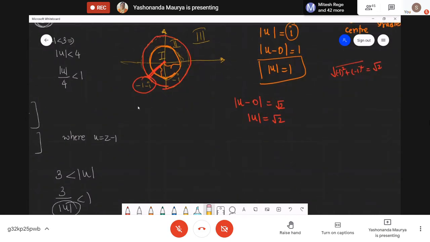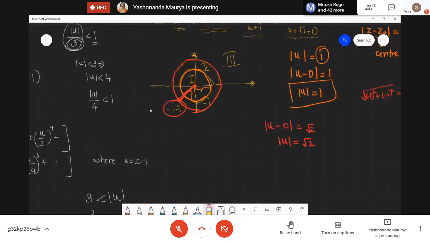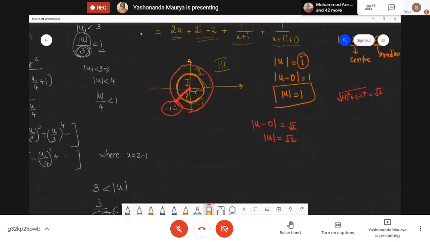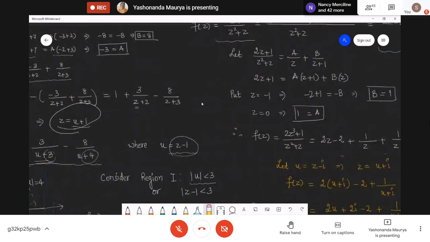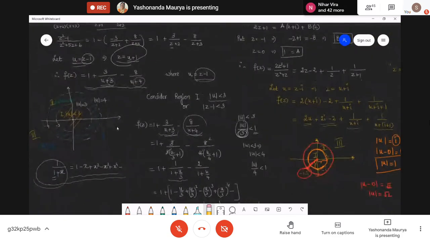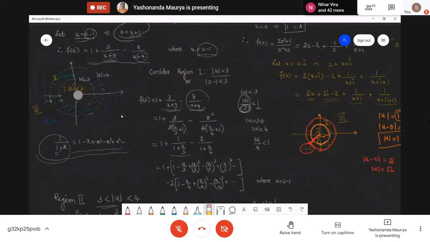have you observed something, by the way, in all the previous sums? Have you made some observation over here? What happens in this innermost region is that, see the expansion in the region number 1, we get all positive powers.